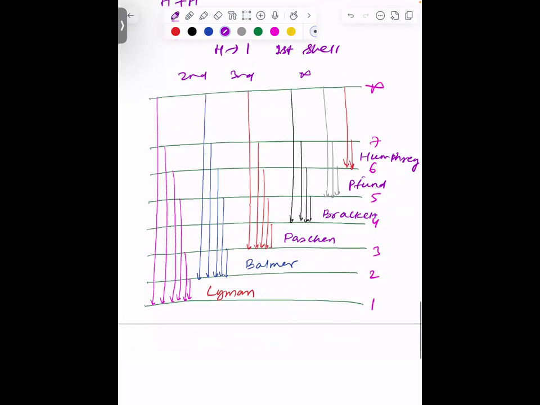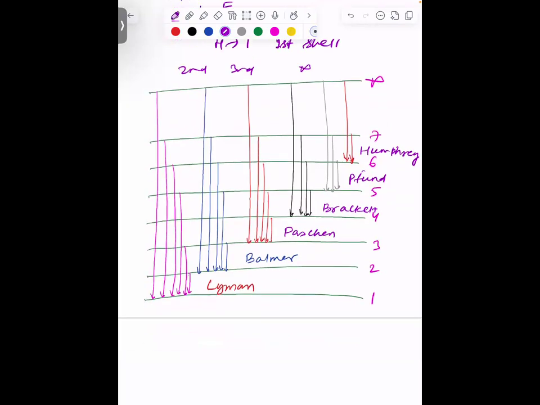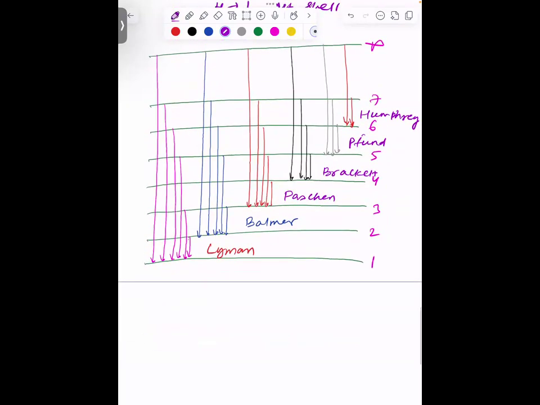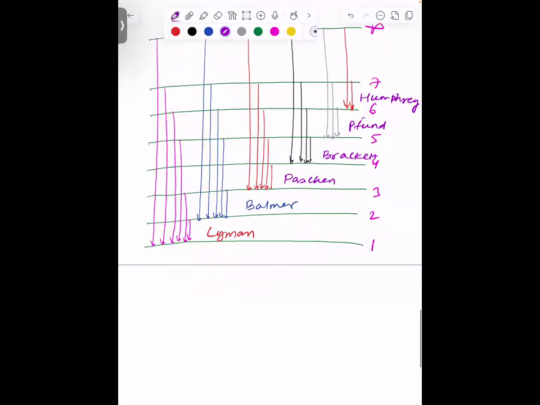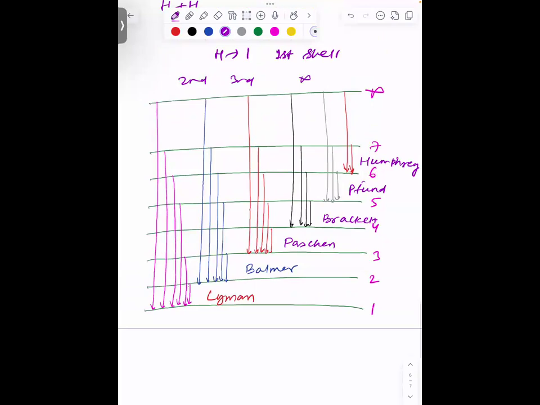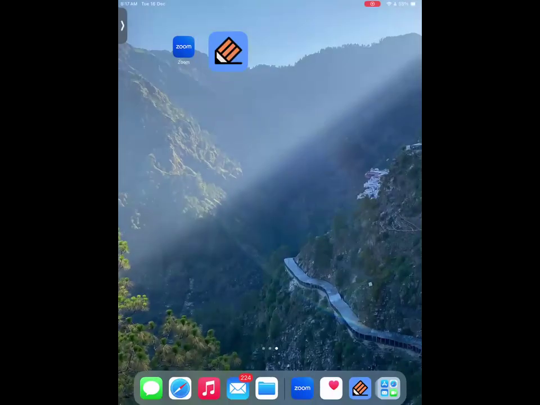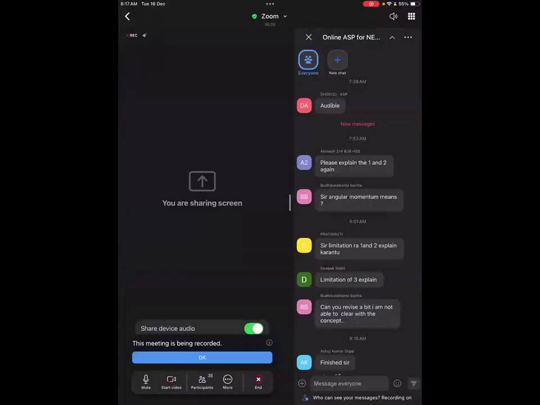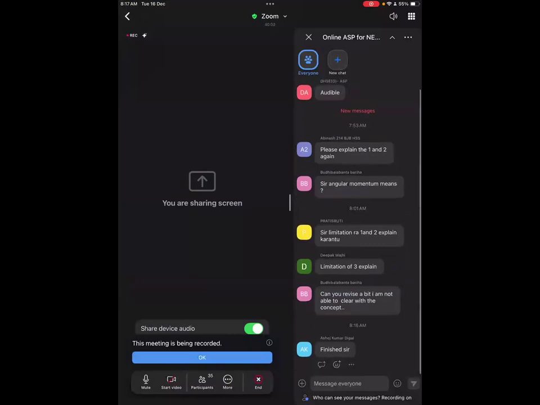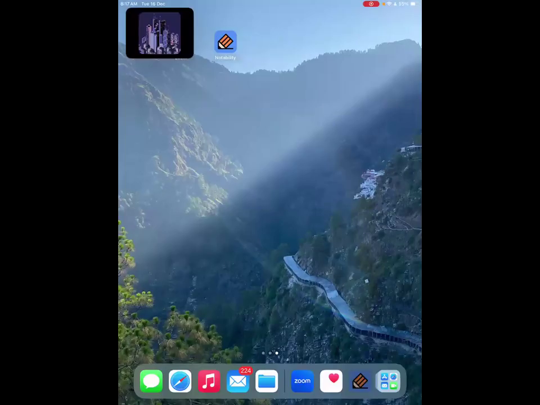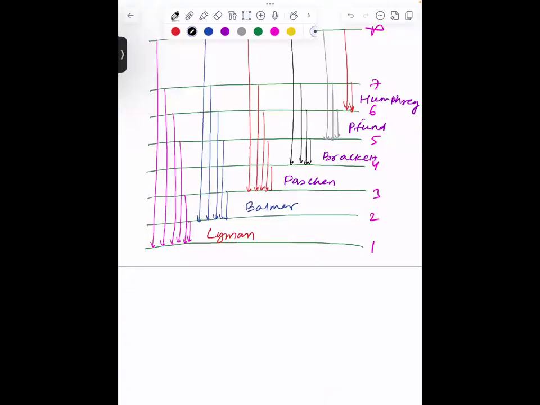Now, these lines correspond to different regions. Any doubts up to this? Write in the chat box. If no doubt, okay, good. So the Lyman series comes under the UV region.